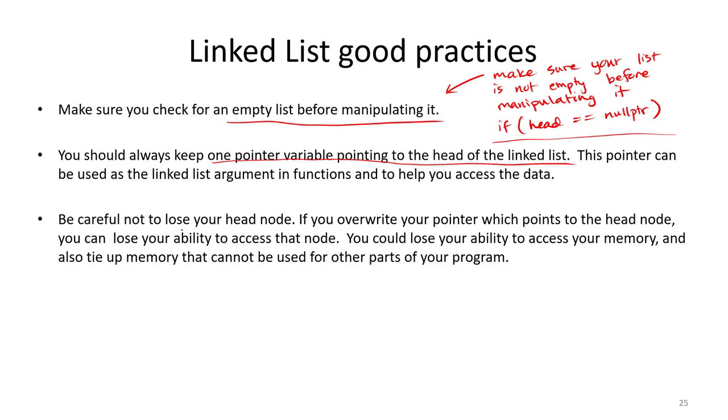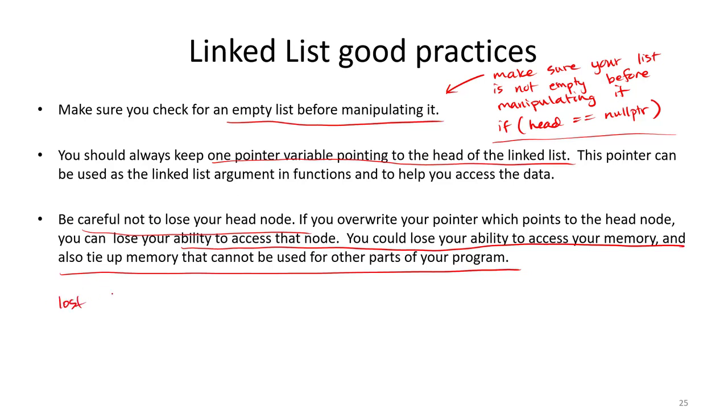So it's also very important that you do not lose access to your head node, or to the very first node of your list. If you overwrite that pointer, you're going to lose the ability to access your entire list. These are called lost nodes. Lost nodes are nodes which can no longer be accessed using pointers.